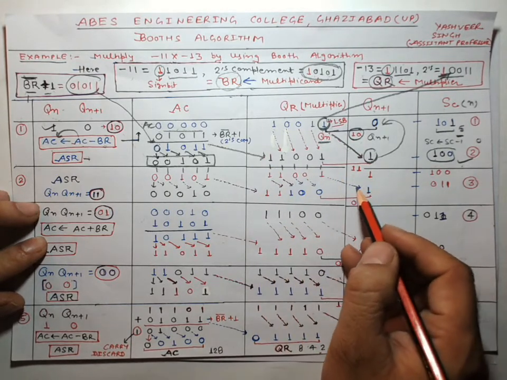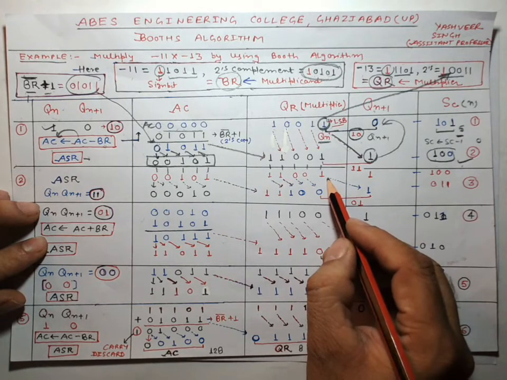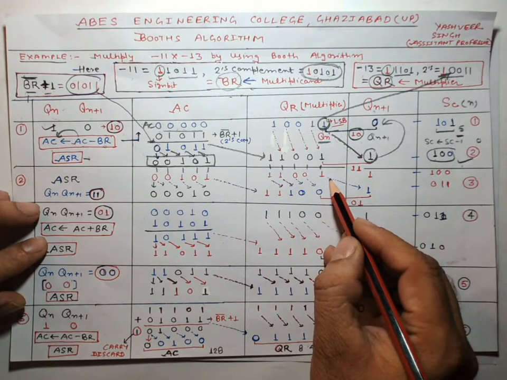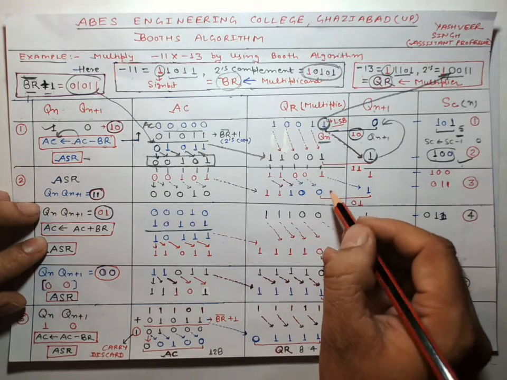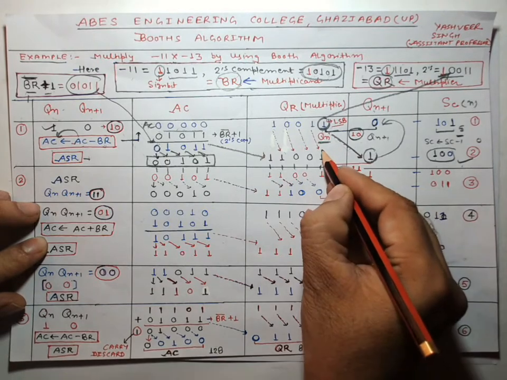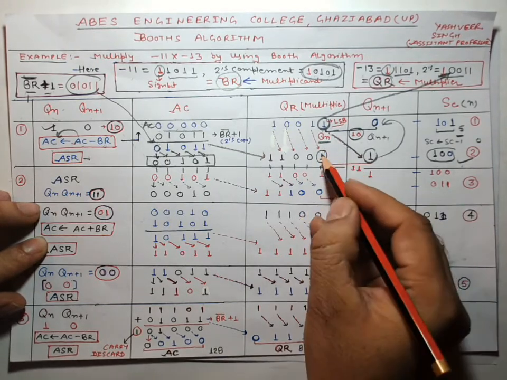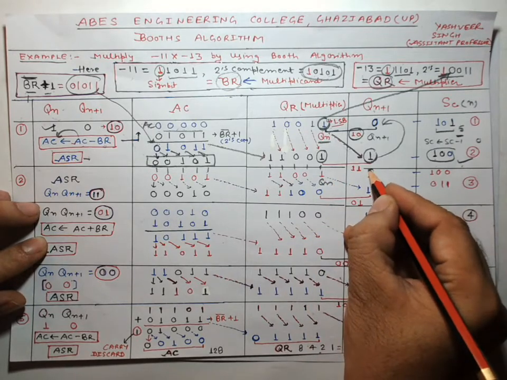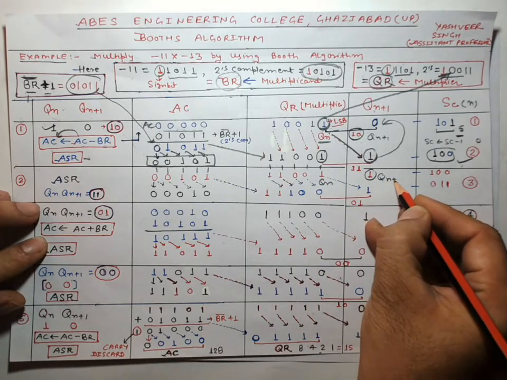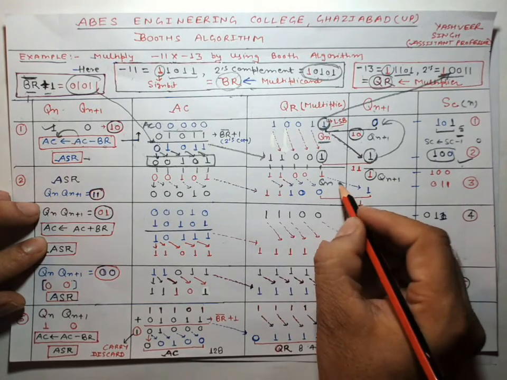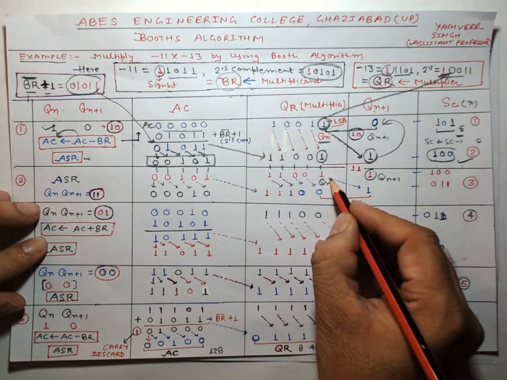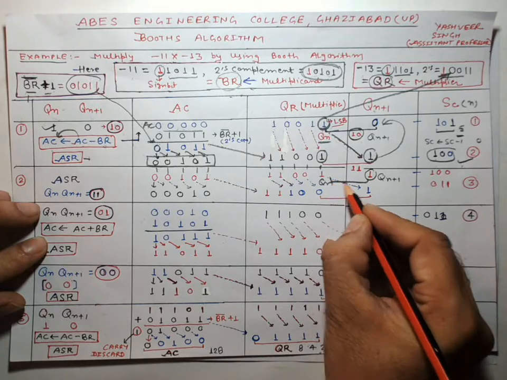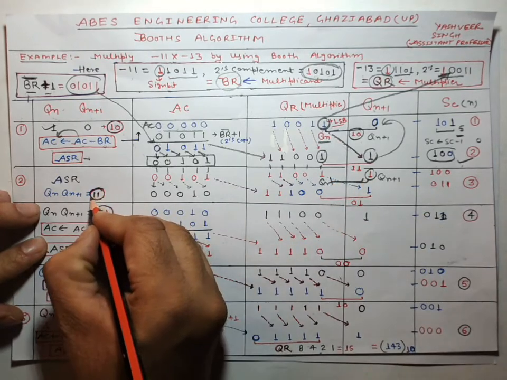Okay, then we will find the new pair of Qn and Qn plus 1. The least significant bit of the QR is Qn, and this is the new bit of Qn plus 1. Then we will find the next pair 1 1 here.